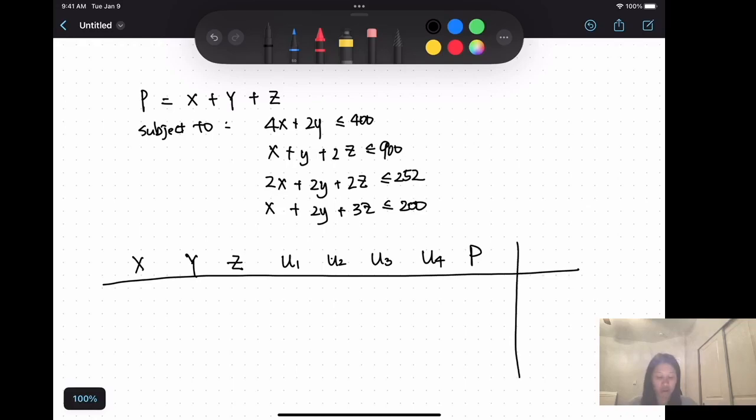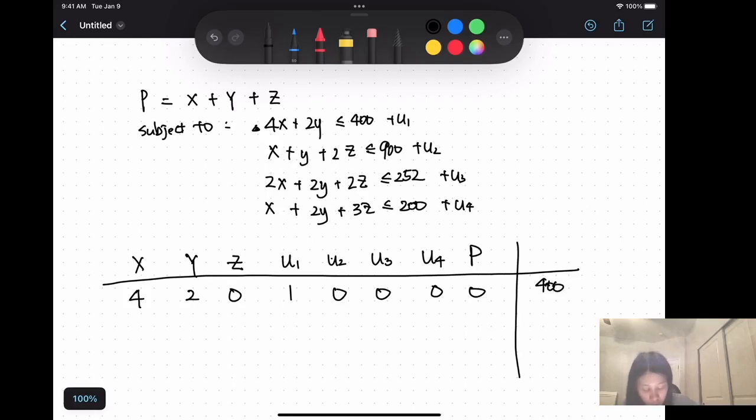For the first function, we have 4, 2, 0, because we want to add u1 for the first function, u2 for the second, u3 for the third, and u4 for the fourth. So this should be 1, 0, 0, 0, and 140. For the second function, I have 1, 1, 2, 0, u2 is 1, and 900.